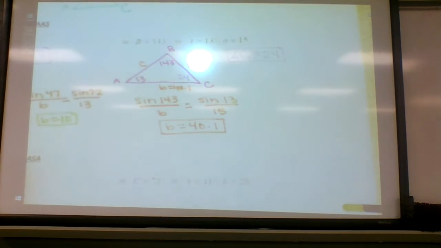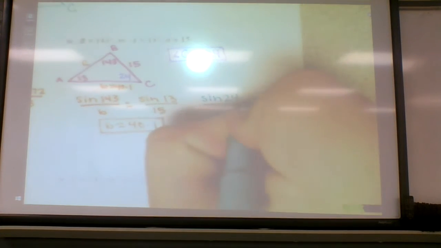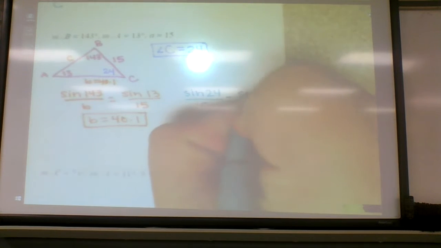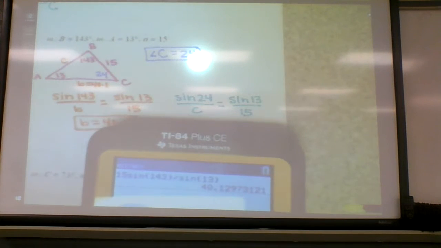All right, and then we have to do the same thing for c, little c. So we're going to have the sine of angle c over little c equals, and then I just use the same one that I had before, sine of a over little a. And it will solve the exact same way with the cross multiply. So the nice thing is you can just go back up to this, right?